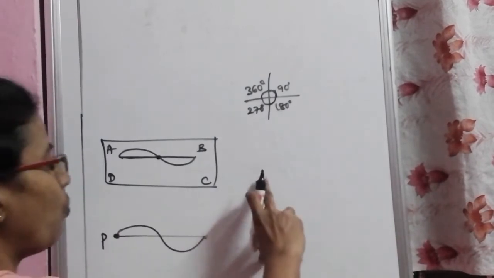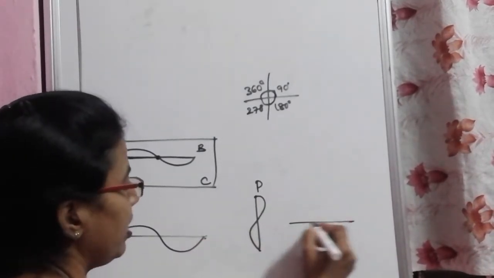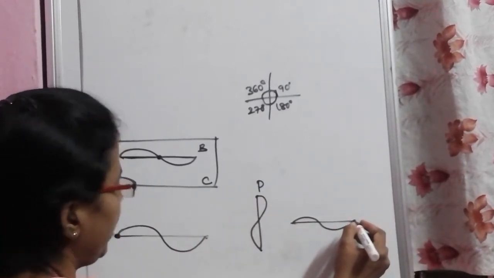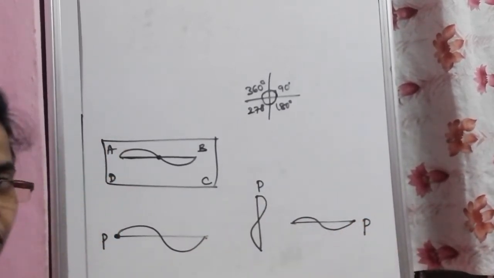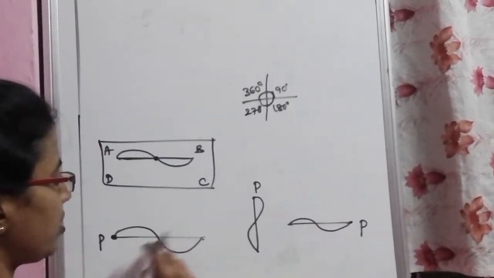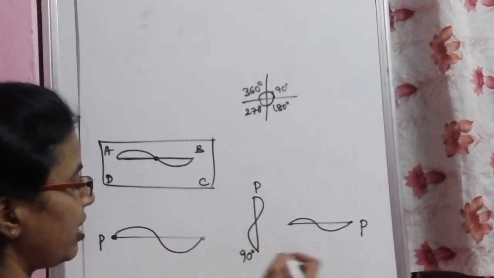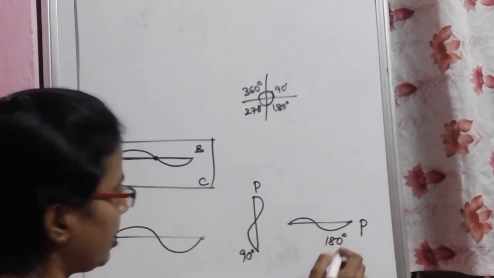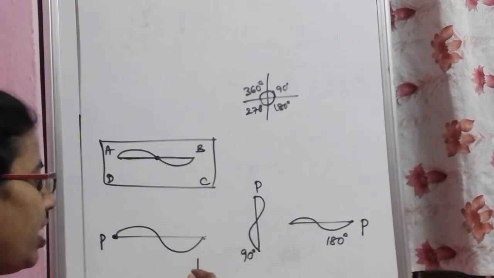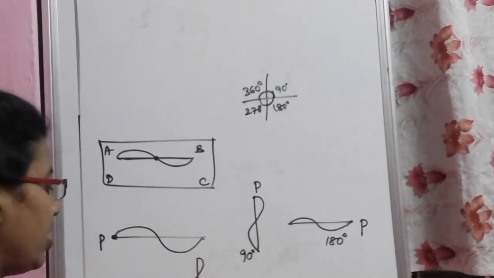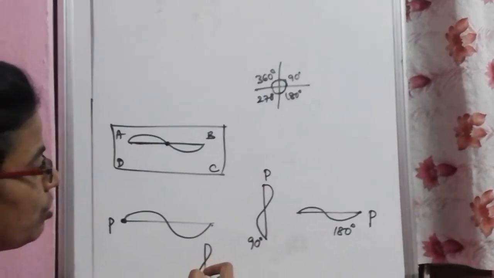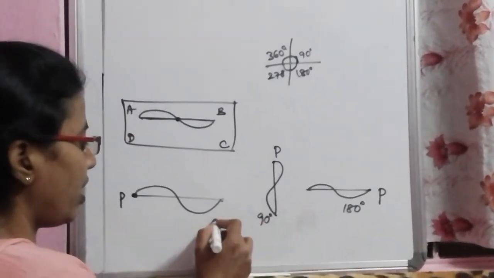Now once more if I rotate, P has come here. This is 90 degrees we have rotated. This is 180 degrees and now 270 degrees if we rotate, then P is going to go to this side.